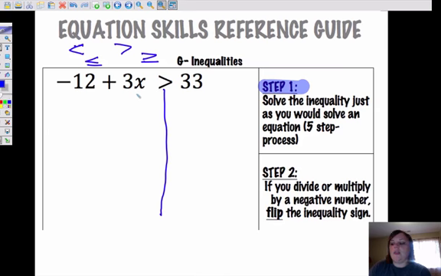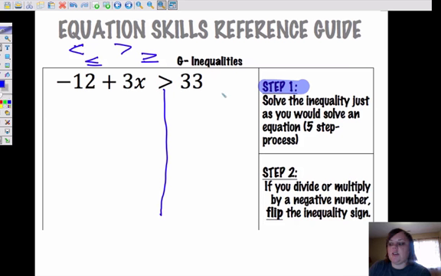There are no parentheses that I need to eliminate, so I can skip that step. On the left there are no like terms to combine, and none on the right, so I can skip that step. Moving all the variables to one side, they're already all on the left side. There's no x's over here.